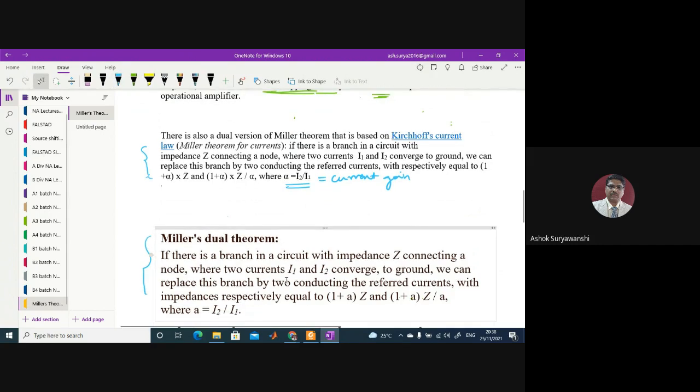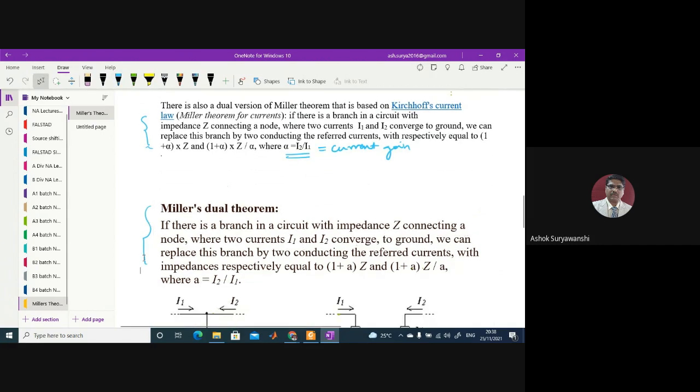If there is a branch in a circuit with impedance Z connecting a node where two currents I1, I2 converge to ground, we can replace this branch by two branches carrying the referred currents with impedances respectively equal to 1 plus A, where A is I2 by I1, so (1 plus A) into Z, and the second one is (1 plus A) into Z upon A, where A is the output I2 upon I1.